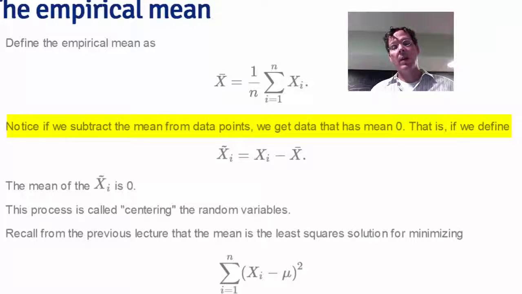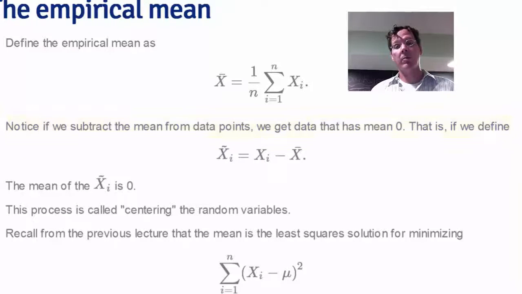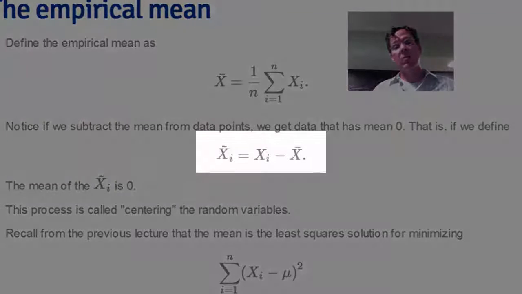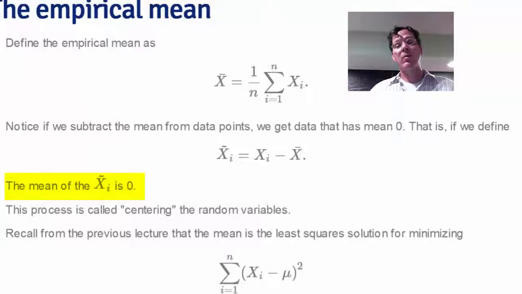Notice if we subtract the mean from every data point, then we wind up with a new data set with n observations. However, this new data set has mean 0. So notationally, if I define xi tilde as each xi point subtracting off the mean, then this new data set, the xi tildes, have mean 0.